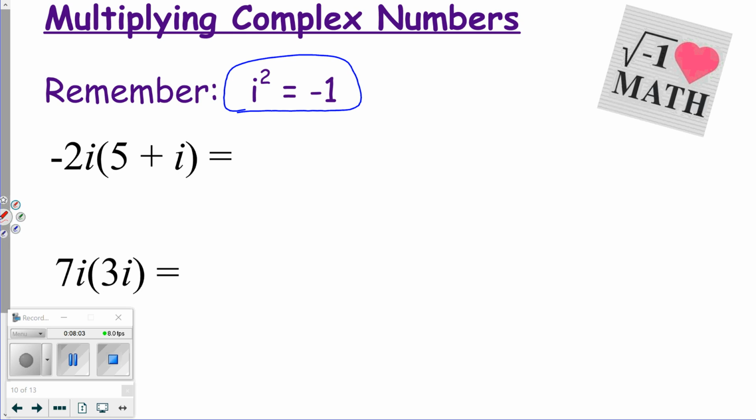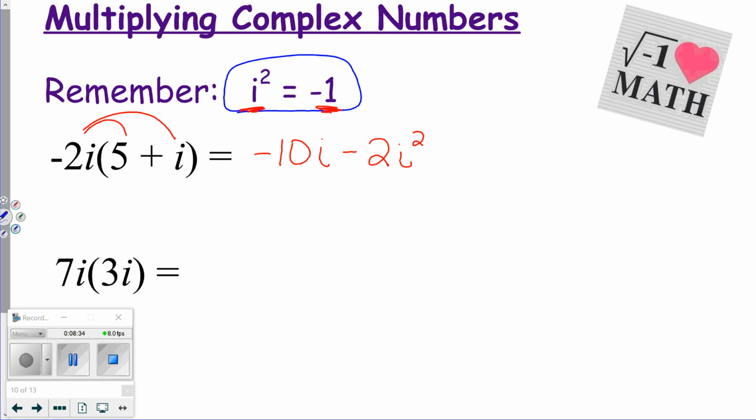Okay, looking at the first problem, we do see a number outside of a parenthesis, we will multiply. So -2i times 5 is -10i, and then -2i times a positive i is -2i squared. Now, it is considered not simplified to leave an i squared in your problem. So once I see an i squared, I need to recognize that i squared is the same thing as a -1.